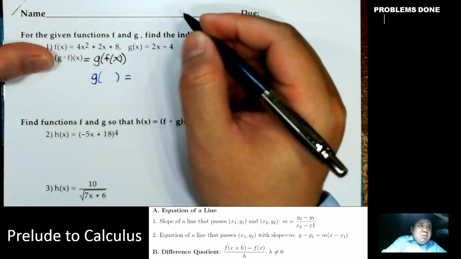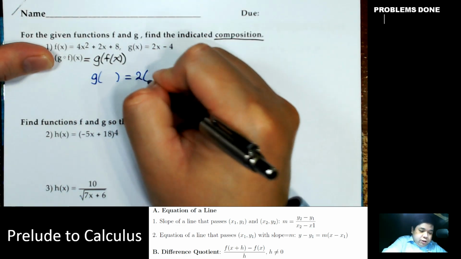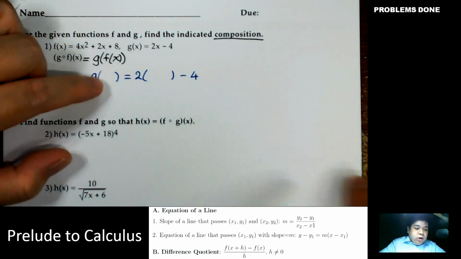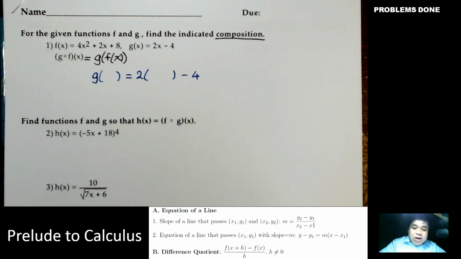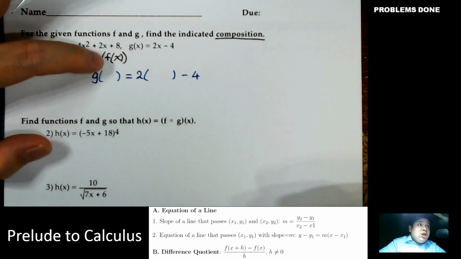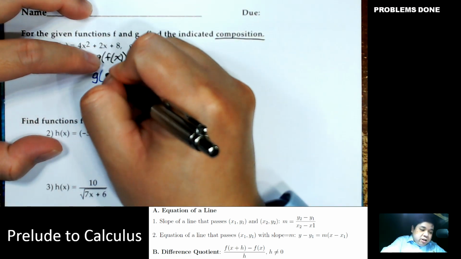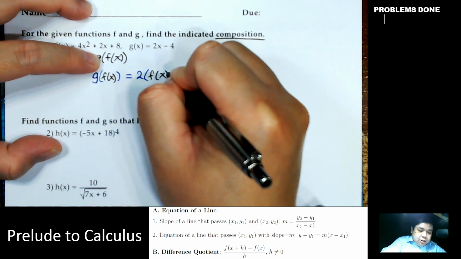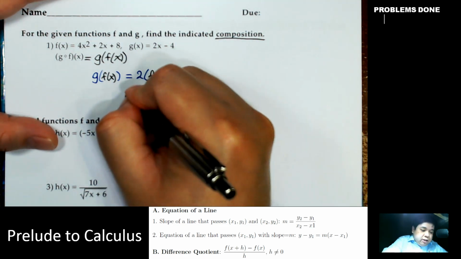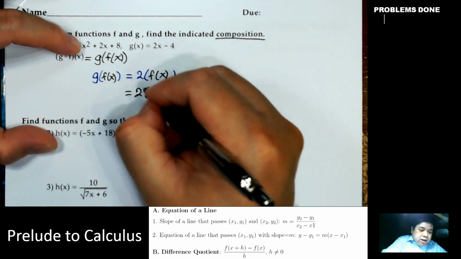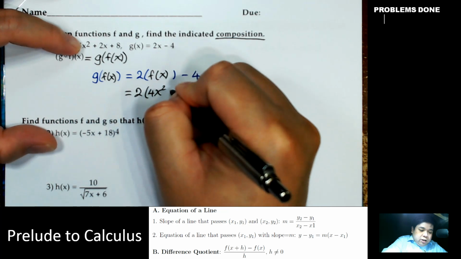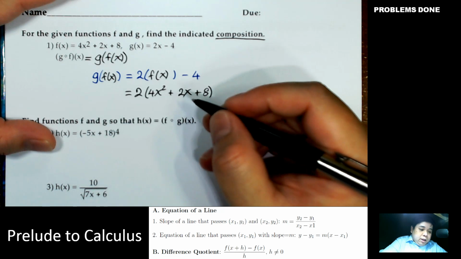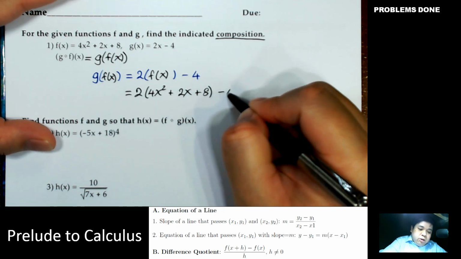It's going to be 2x minus 4, so we'll have 2. And notice that we haven't put anything inside the parentheses, because it's going to be f of x instead of x. So we will have 2 times f of x, 4x squared plus 2x plus 8, and then plus the minus 4.